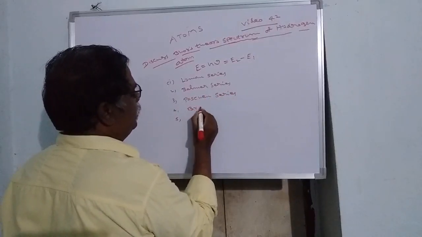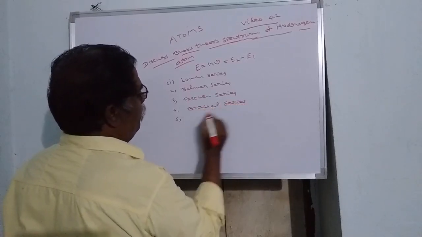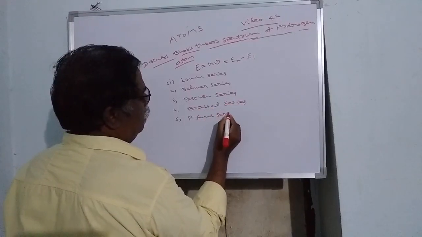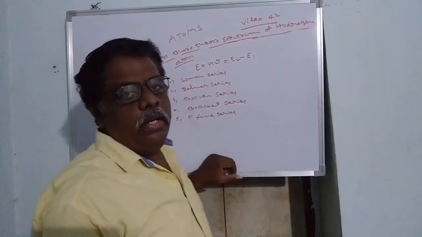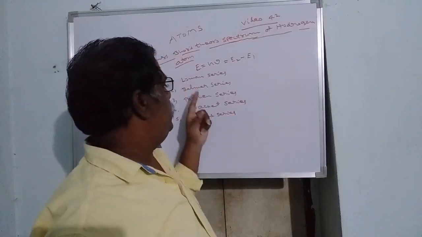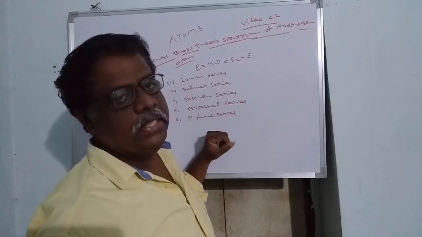Fourth one, Brackett series. Fifth one, Pfund series. This should be written only in this order. Don't miss the order: Lyman, Balmer, Paschen, Brackett, and Pfund series.